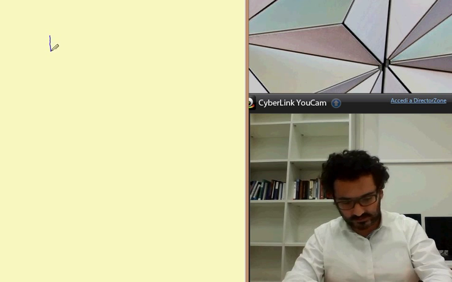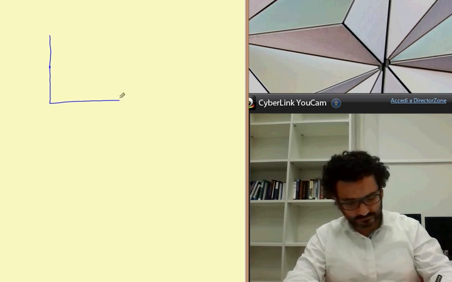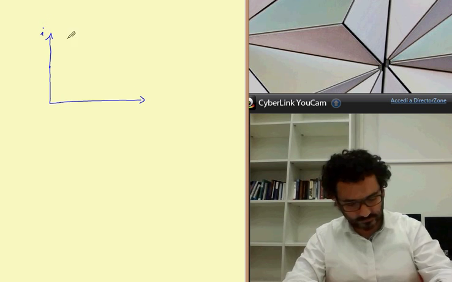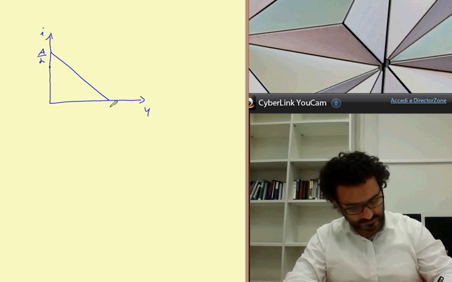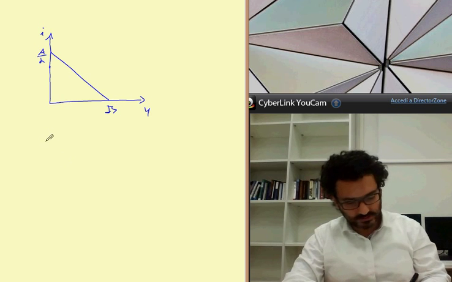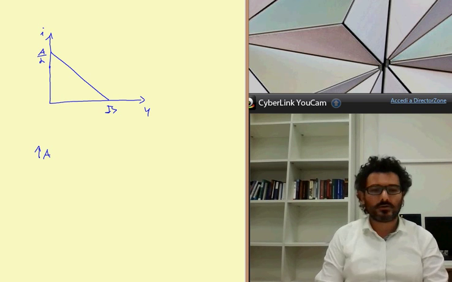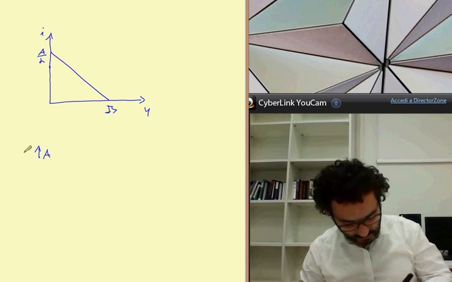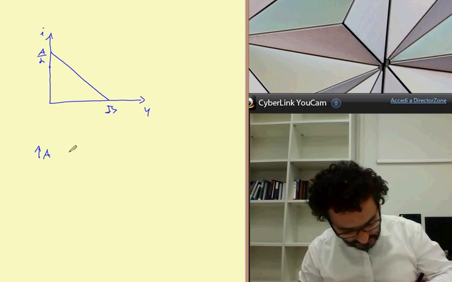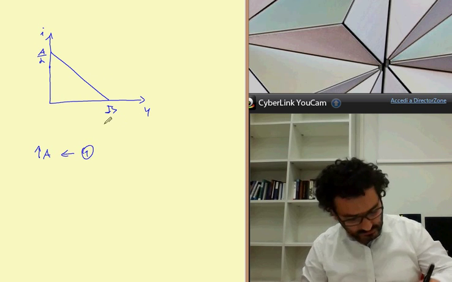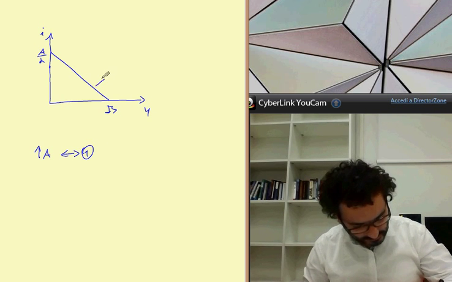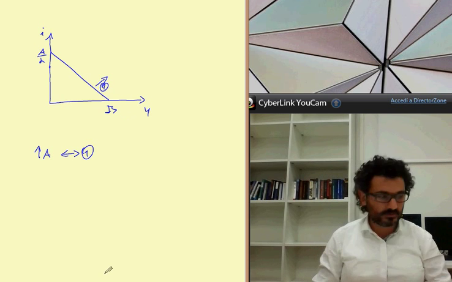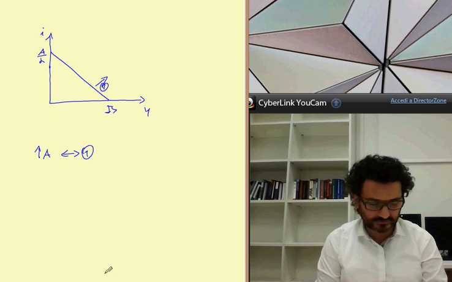Given the intercept of the IS relation, which is A over alpha, if we have an increase in A, the relation will shift to the right.